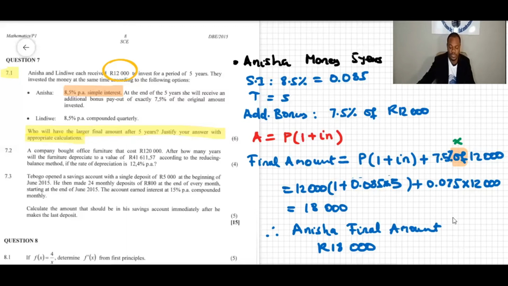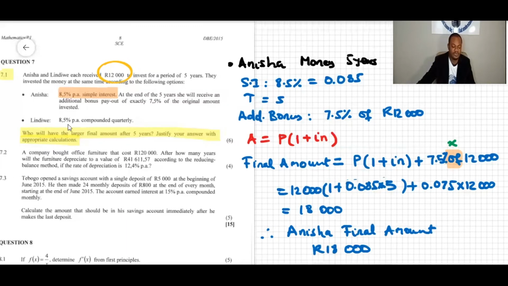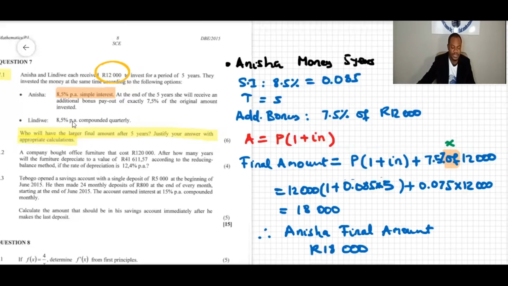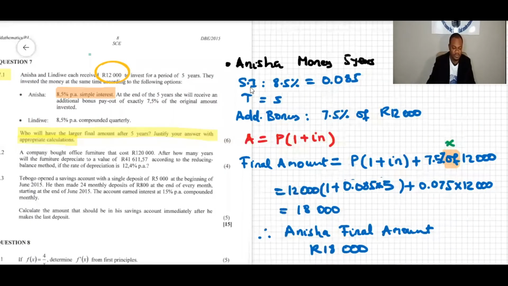Okay, now let's work out Lindiwe's final amount. So we know that Lindiwe's is 8.5% compounded quarterly. The original amount, or the principal.